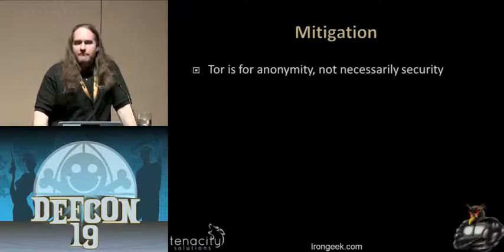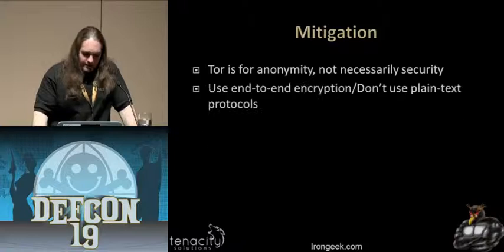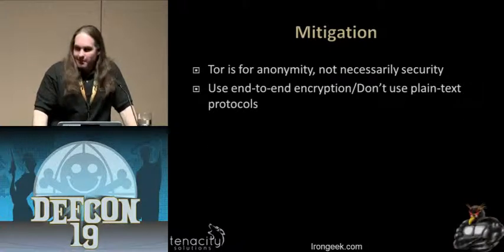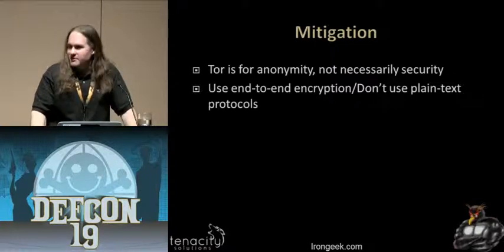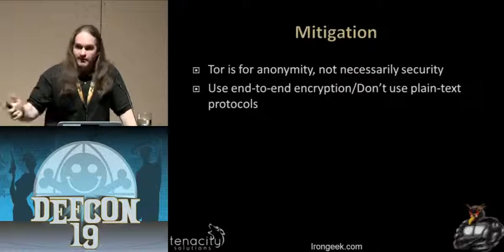Okay, keep in mind, mitigation-wise, Tor is for anonymity, not necessarily security, and it's only as secure as the protocols you're running on top of it. Use end-to-end encryption. Don't use plaintext protocols, and if you do use plaintext protocols, expect that other people might be able to see them. But sometimes that's fine. You just want to visit a web page without other people knowing you're visiting it.